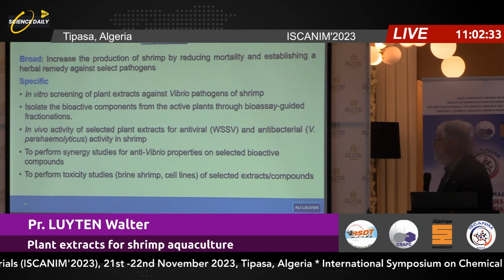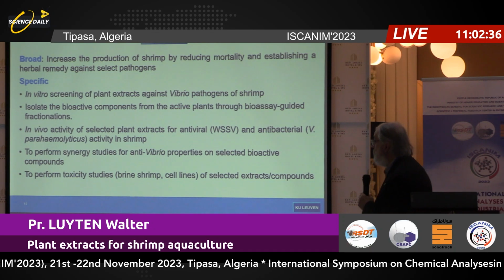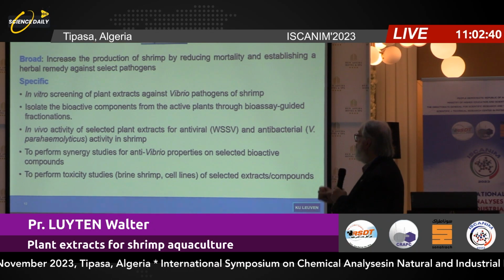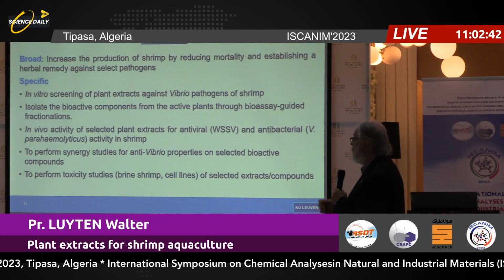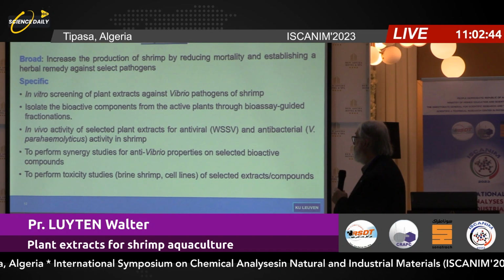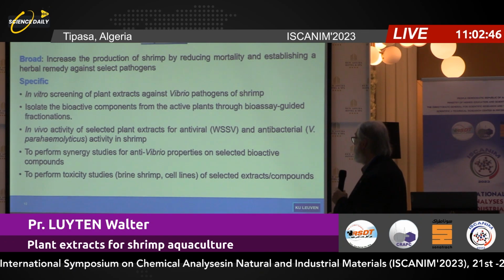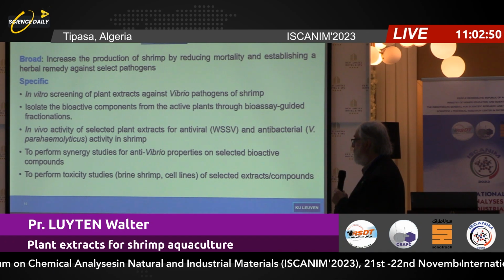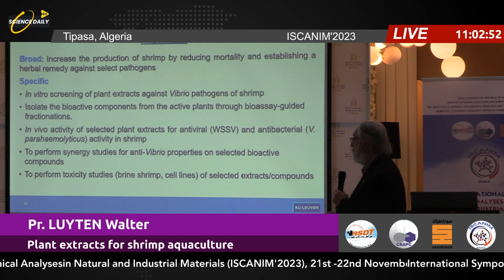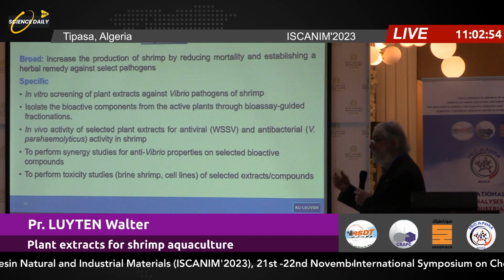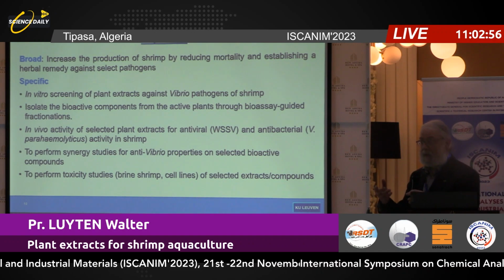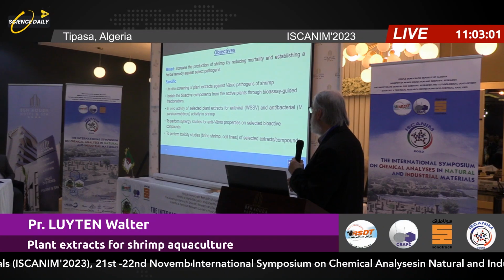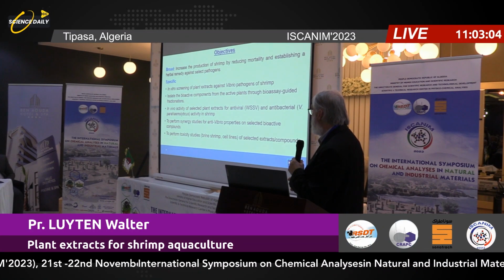Specifically, we would try to reach this objective by screening a number of plant extracts against these Vibrio pathogens, to isolate the bioactive compounds from these plant extracts by following the bioactivity during the fractionation. And we would also test these extracts, and if possible the compounds, for their effect against these pathogens of shrimp.